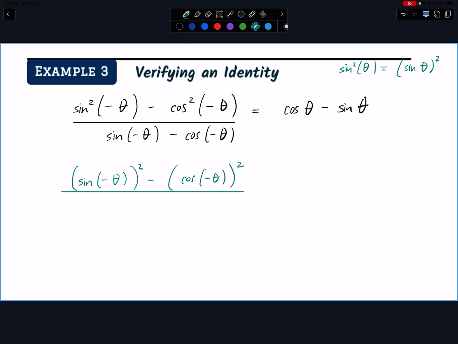Sine of negative theta. What do we know about the sine function? Is sine even or odd? Sine is odd. So the sine of negative theta is the same thing as what? Negative sine of theta, because sine is odd. So this is going to be negative sine of theta. Cosine is what? Even or odd? Even. So cosine of negative theta is the same thing as just cosine theta. So minus positive cosine theta is just minus cosine theta. Okay?